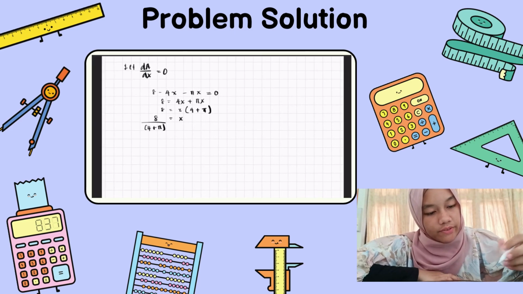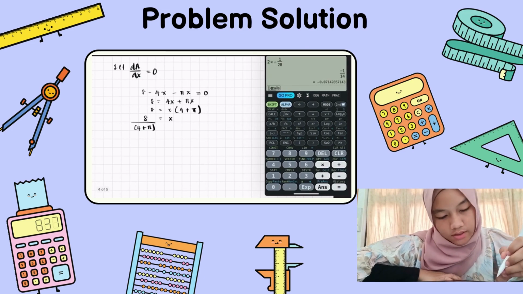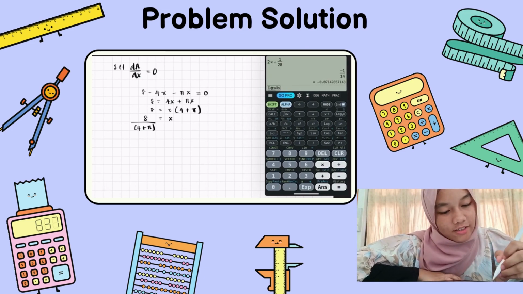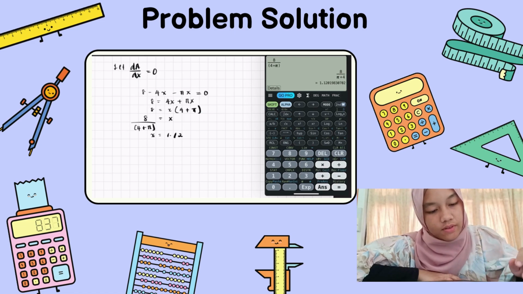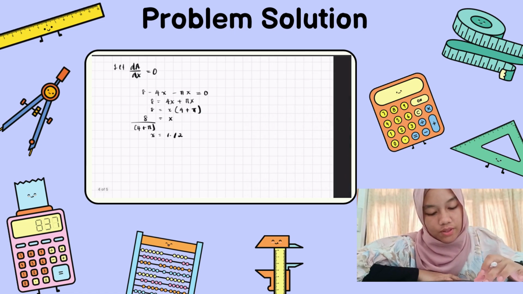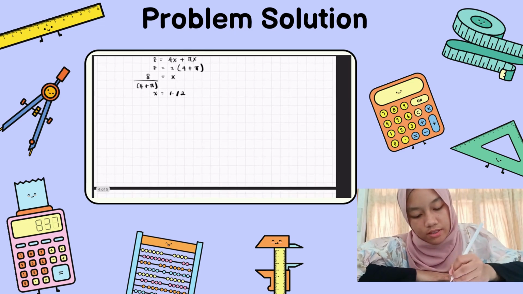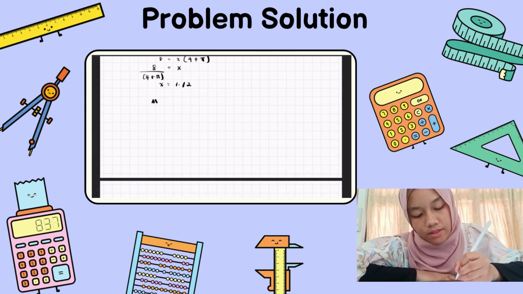We just have to calculate: x equals 8 over 4 plus pi, which is 1.12. So the maximum area of the window is 1.12.